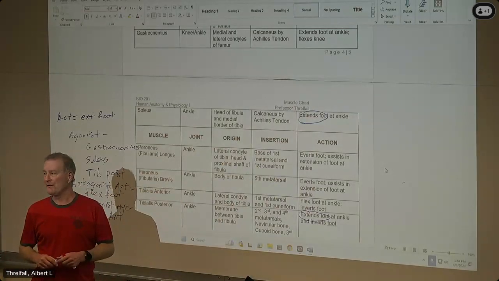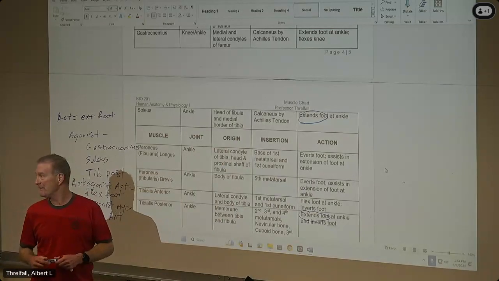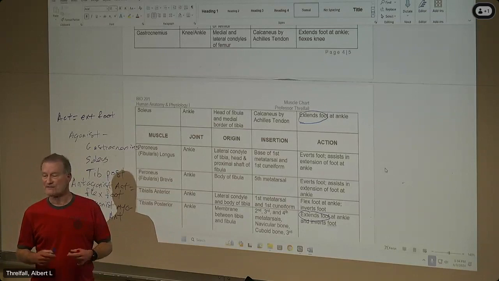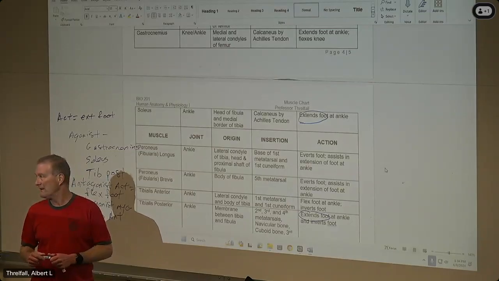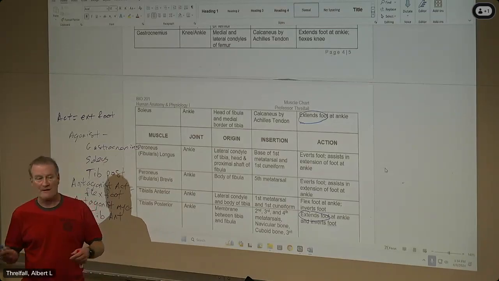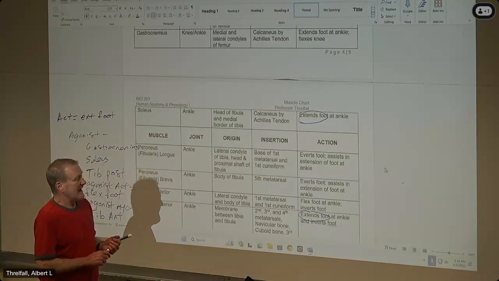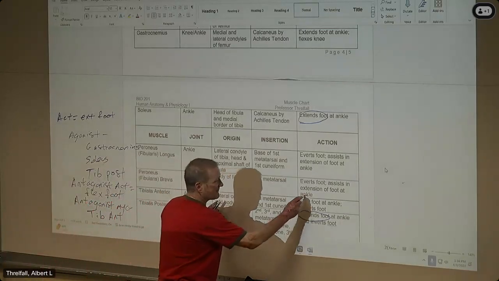They work together synergistically with respect to extension of the foot. One of them is the prime mover, meaning it's the strongest. And I'll tell you, in case you want to know, it's the soleus, but you don't have to figure out the prime mover for any movement. I just want you to know what prime mover means. And so the antagonist muscle is the one that flexes the foot.